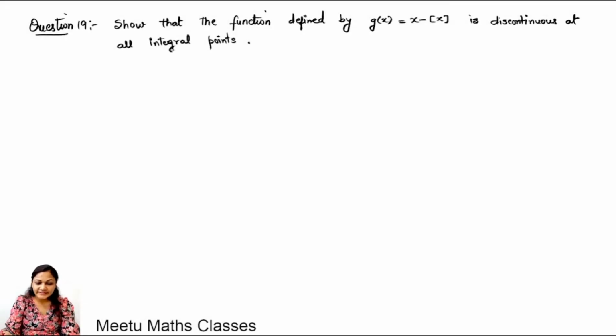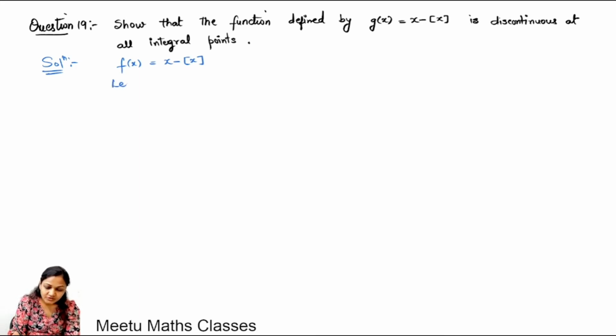Your question 19 is, show that the function defined by g(x) = x minus greatest integer function of x is discontinuous at all integral points. So let us consider your function, that is x minus greatest integer function of x. Now you have to check continuity at integral points. So let c be an integer.